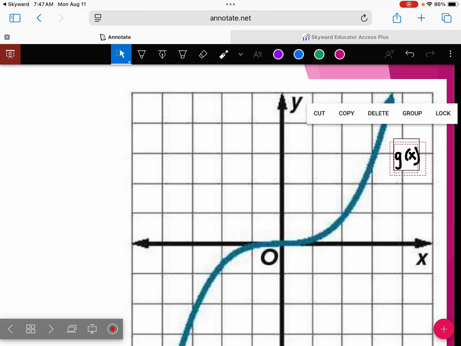When we have these two graphs next to each other, I could say f of x is that graph we looked at on the left. Now we're going to look at g of x, part B, this one. It gives us a name we can call it that's not that one. That's all they're for. We have f of x, now we have g of x. It gives us an easy way to name them.